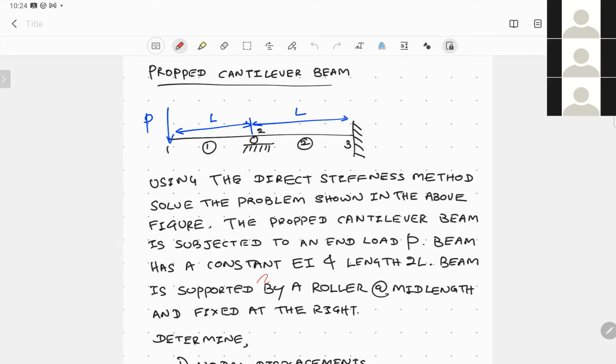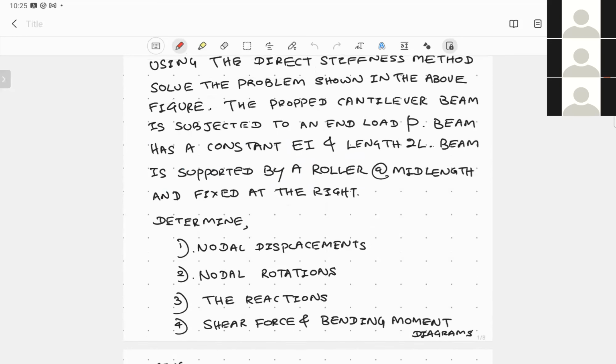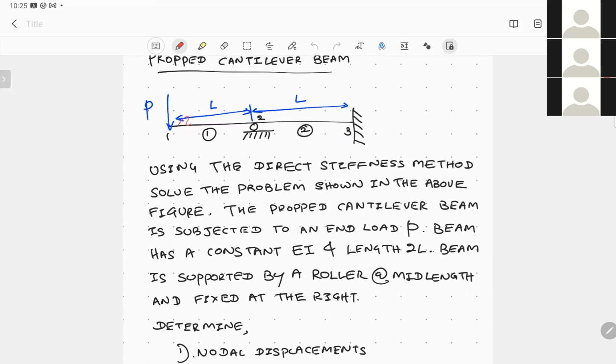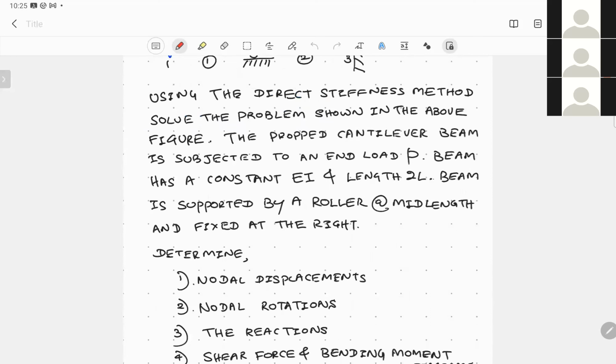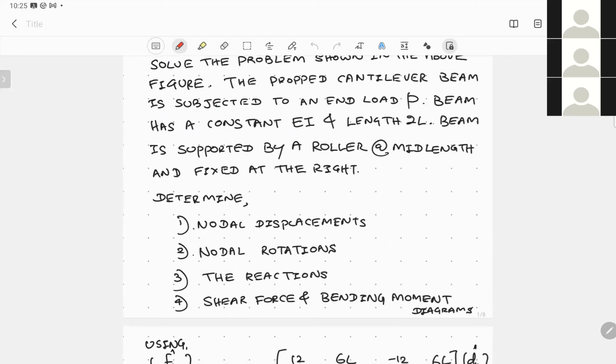Assume that it has a constant EI, that is modulus of elasticity and the moment of inertia around the z-axis, and the total length of the beam is 2L. So the beam is propped at the middle. You are supposed to find the nodal displacements wherever required, in this case the nodal displacements at node number 1, the rotations, the reactions, the shear force, as well as the bending moment diagram for this problem.